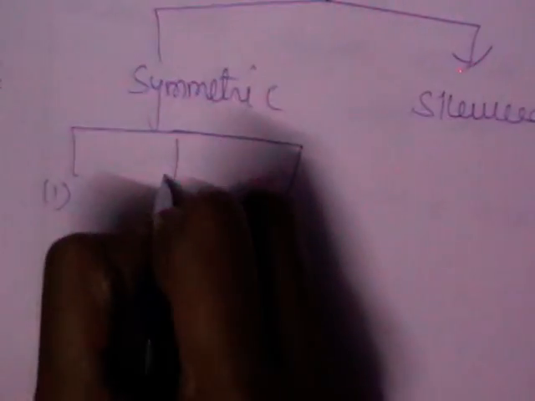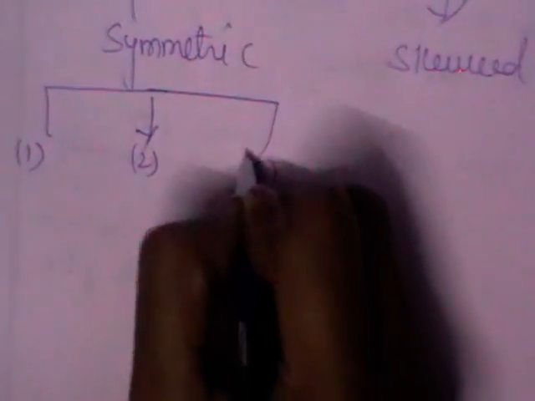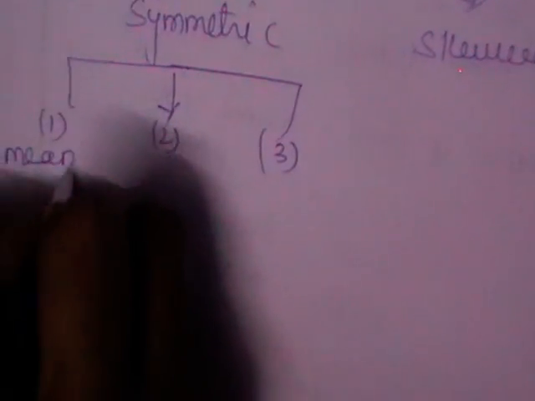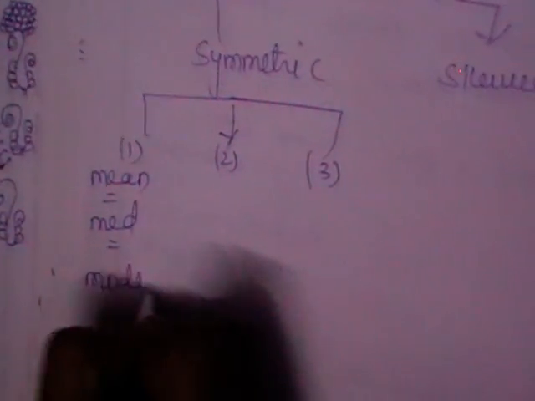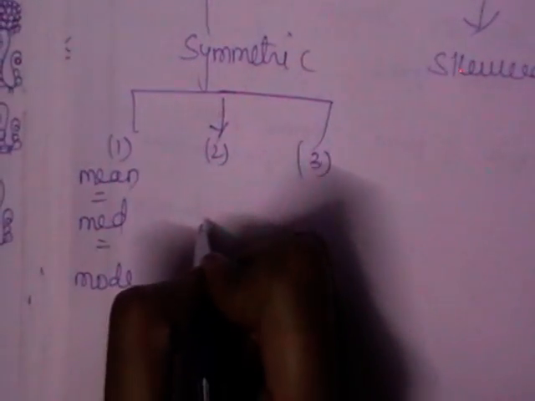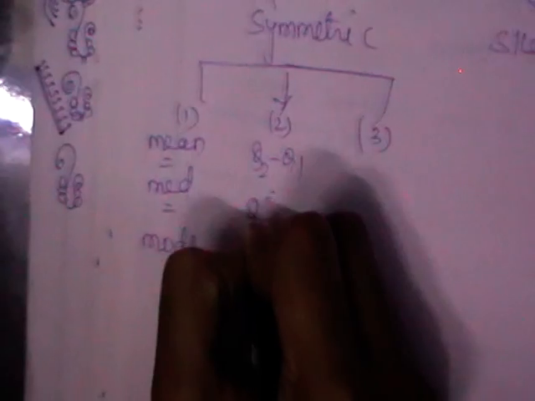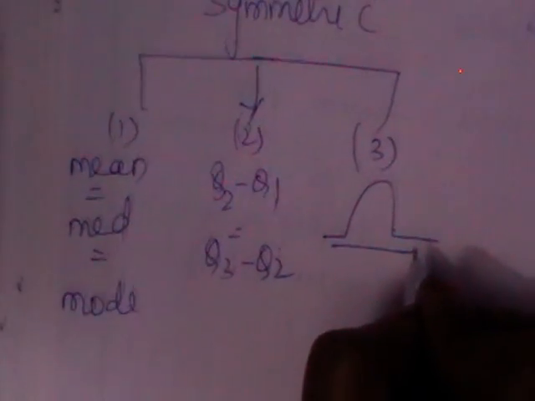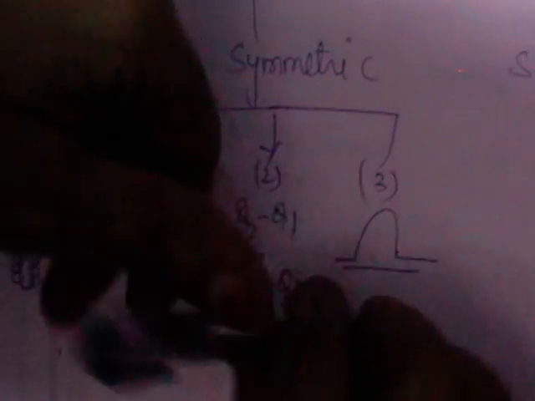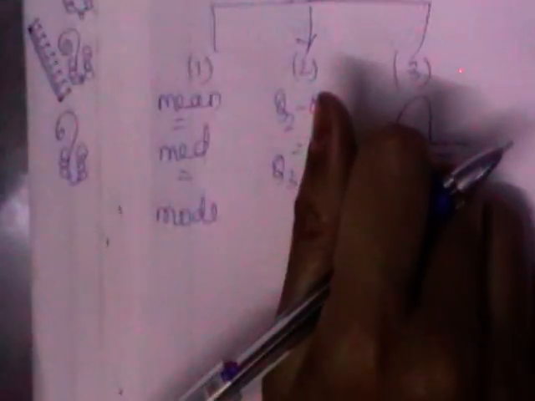When do we call a distribution symmetric? The three conditions we have just discussed. Mean should be equal to median should be equal to mode. This is the first one. The second one is Q2 minus Q1 is equal to Q3 minus Q2, that is, Q2 should be equidistant from Q1 and Q3, and the distribution should be bell shaped. If these three are satisfied, we call the distribution a symmetric distribution.